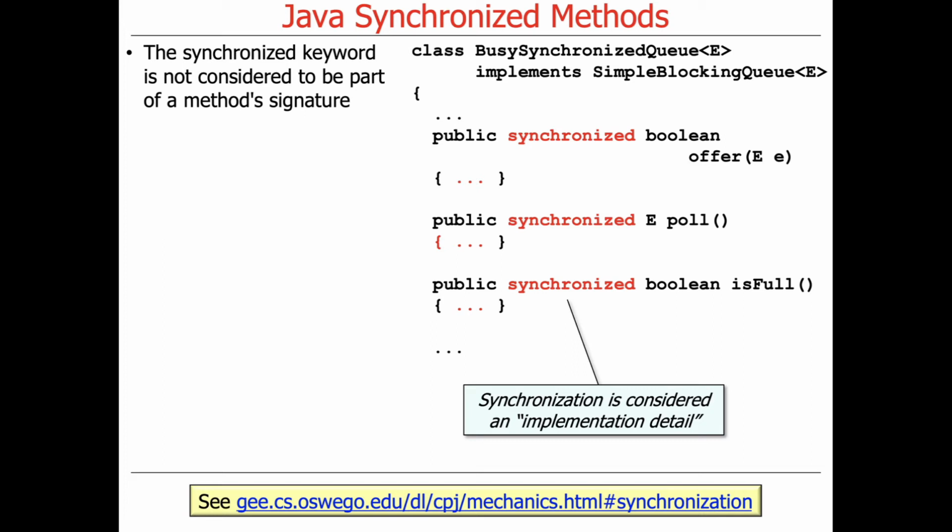So if you were to subclass from busy synchronized queue, and the subclass decided to override any of these methods, the overriding methods would not, in fact, be synchronized. You would have to add synchronization explicitly to subclass methods that overrode these methods if you wanted them to be synchronized also. So the way to think of this is that the synchronized keyword is not inherited by subclasses.